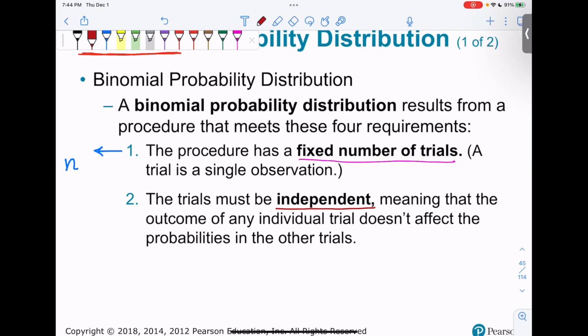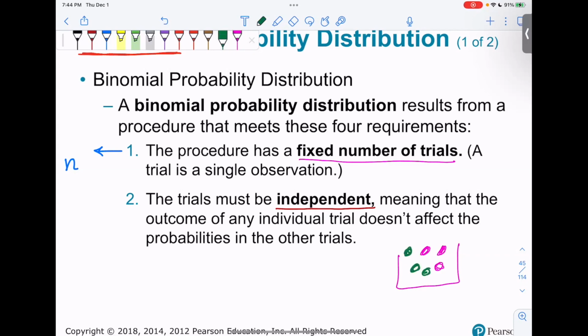If I flip this coin and get heads, and then I flip the coin again, it's not related. If I get heads the first time, it doesn't mean I will get heads or tails next. So if the next experiment is not related to the first one, those experiments are independent.